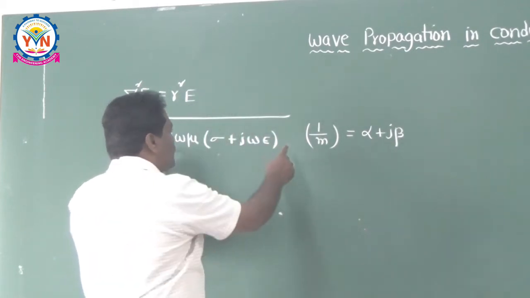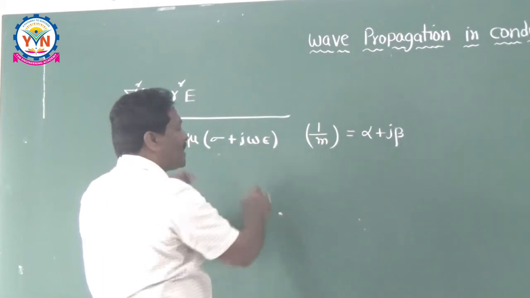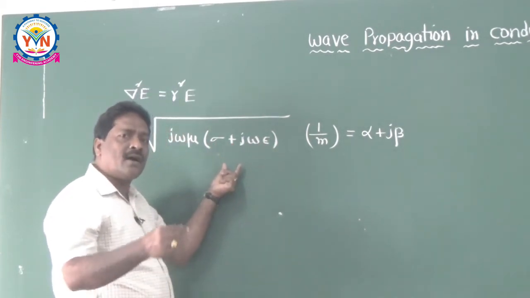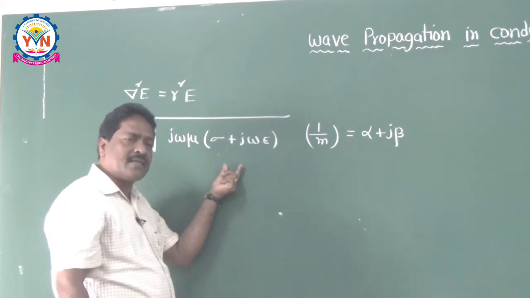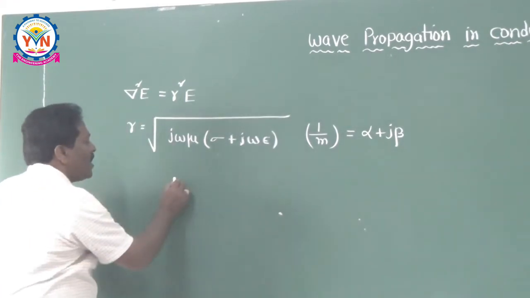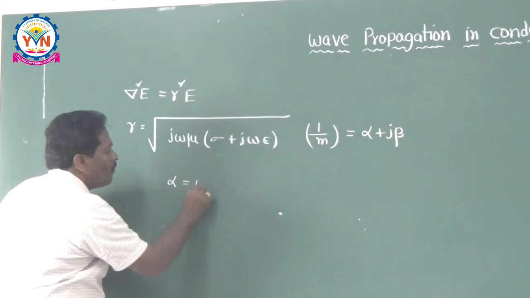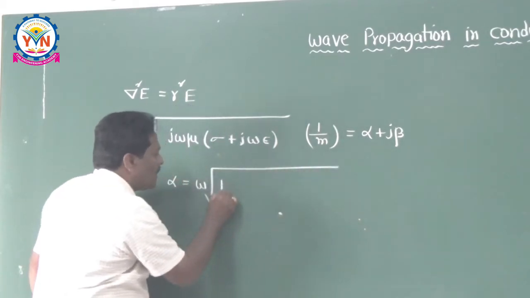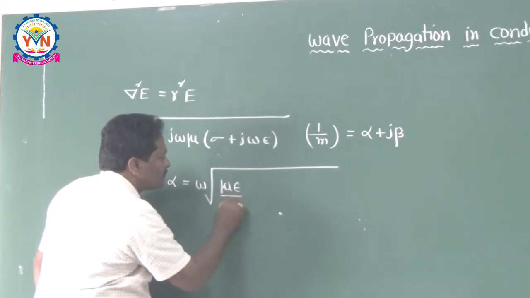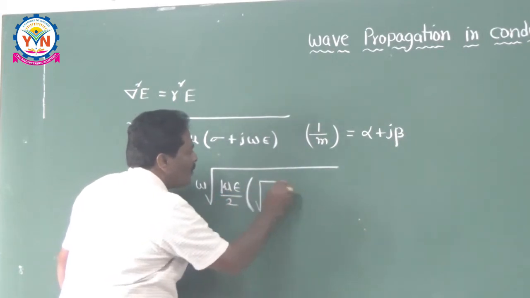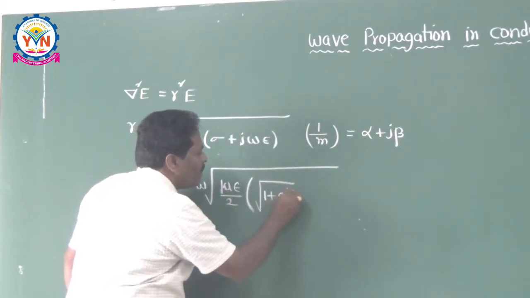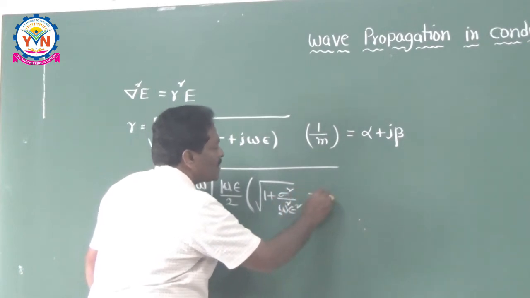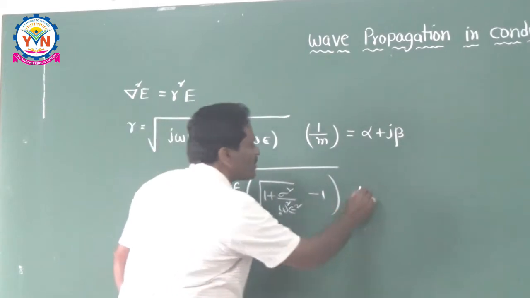After splitting into real and imaginary parts, with some mathematical manipulations already given in the last classes, alpha is equal to omega root mu epsilon by 2 into root of 1 plus sigma square by omega square epsilon square minus 1.